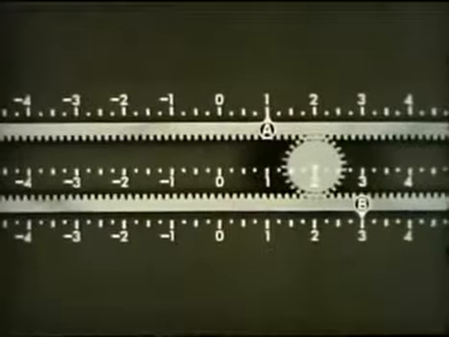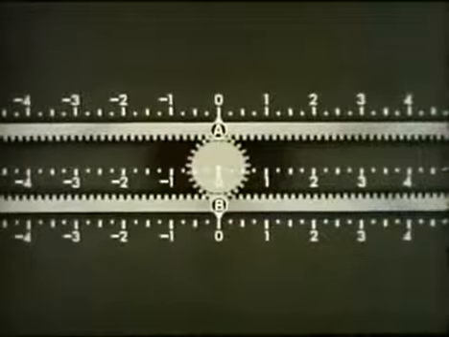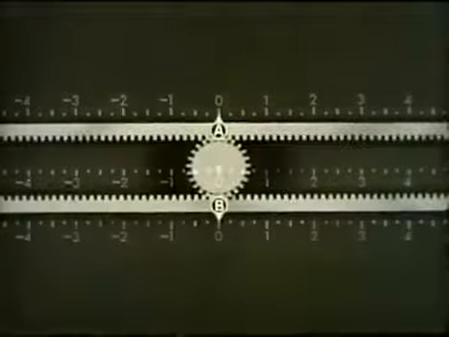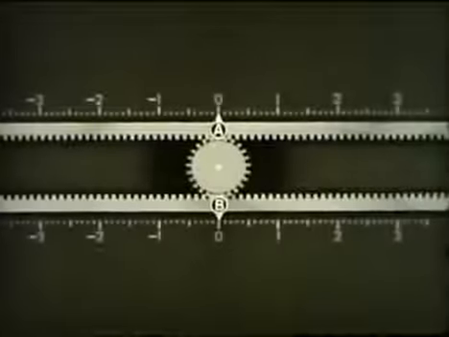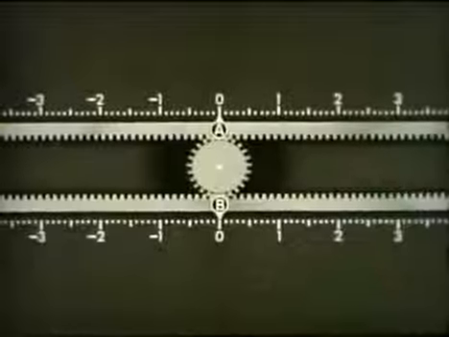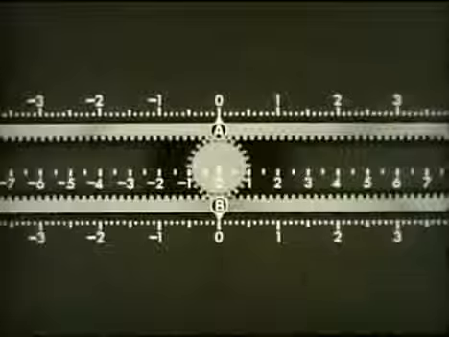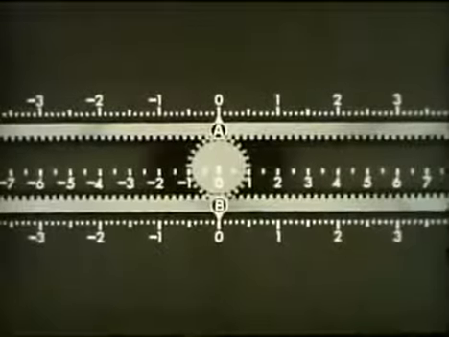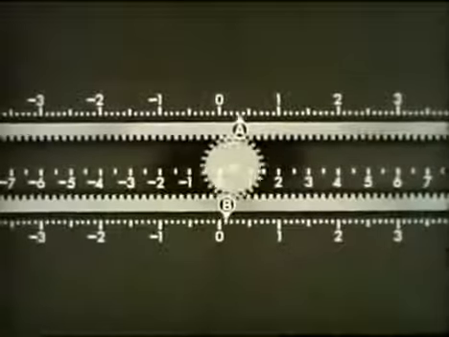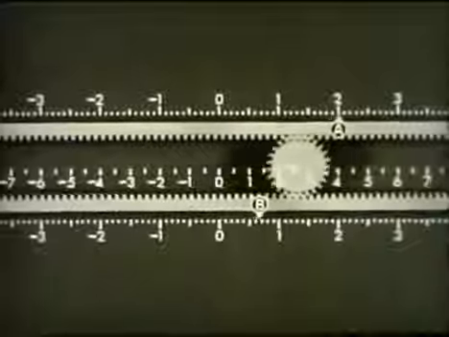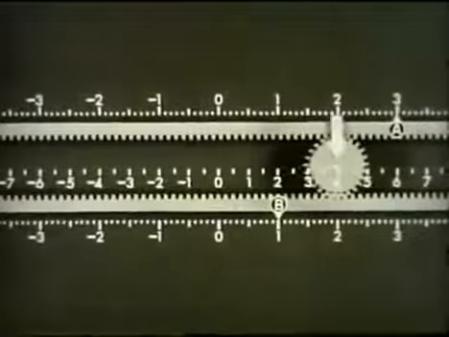Because of this relation between rack and pinion movements, a differential can be used as a computing mechanism. Instead of inches, we assign a desired scale of values to the racks. Then, half that scale for the pinion indicates the algebraic sum of the rack values. 3 plus 1 on the racks, 4 on the pinion.